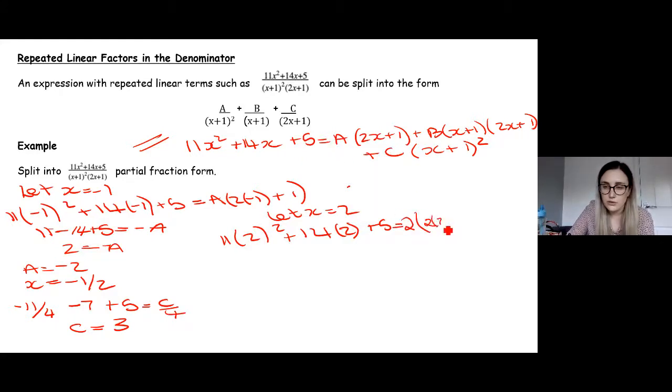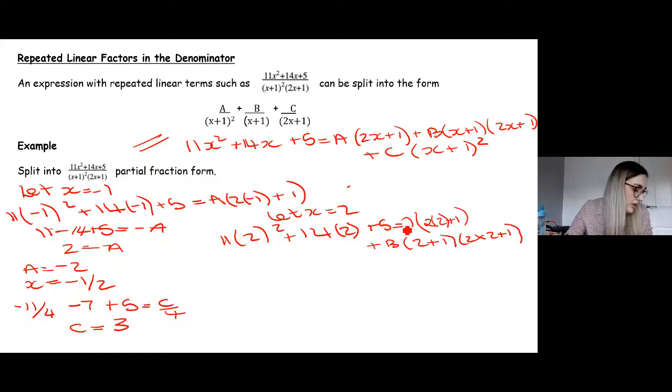So 2 times 2 plus 1. I need to find b, but I'm going to put the value of x in. And then I know c was equal to 3. So plus 3 times 2 plus 1 all squared.